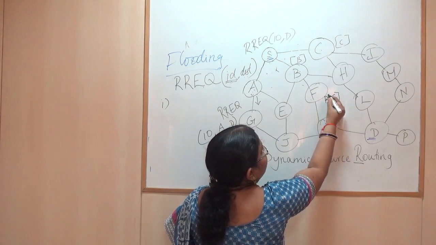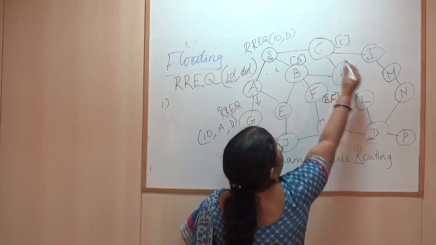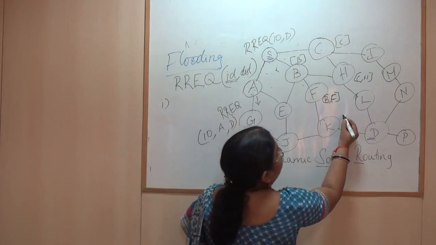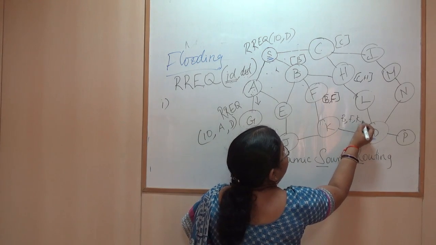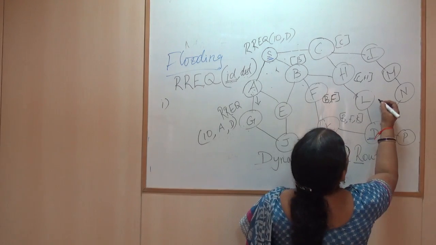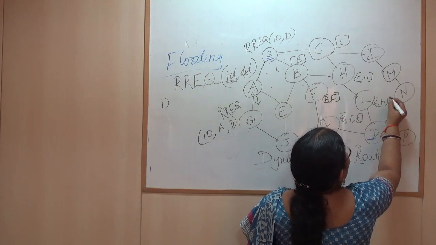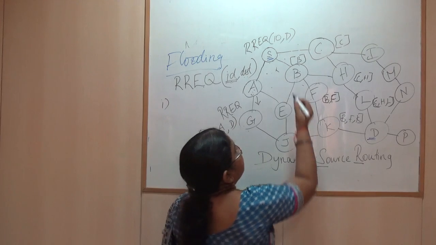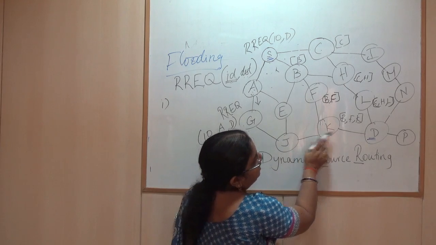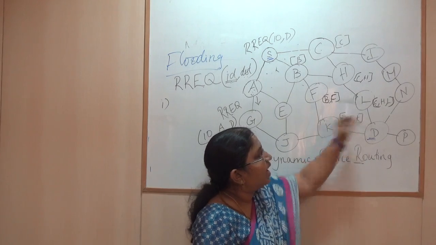The path is S, B and F. Likewise from S, C, H and F to B, F to K. K in turn directly forwards to D, and L is also going to forward, C, H, L, that is forwarded by L to D. So it has started from S, S to B, B to F, F to K and K to D. D can receive either from K or from L.